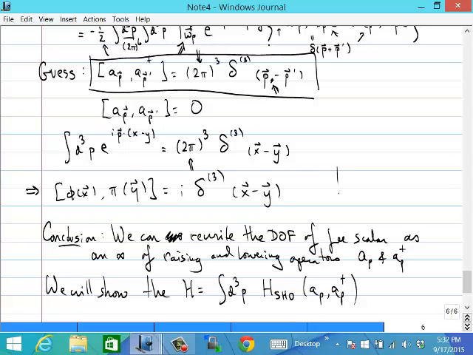When we quantize the scalar field, we now have these raising and lowering operators, one for each momentum mode. So what is the physical interpretation of these oscillators? Well, a_p dagger is the operator that creates a particle with momentum p, and a_p is the operator that removes a particle with momentum p. And so the Hilbert space of this theory is just a bunch of copies of the single harmonic oscillator Hilbert space, one for each momentum mode p.